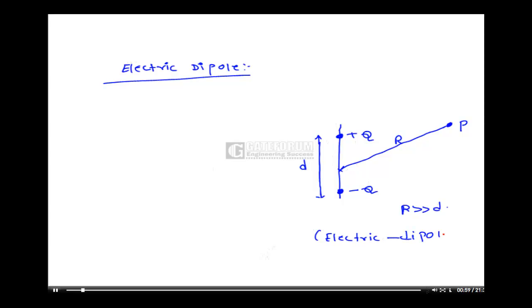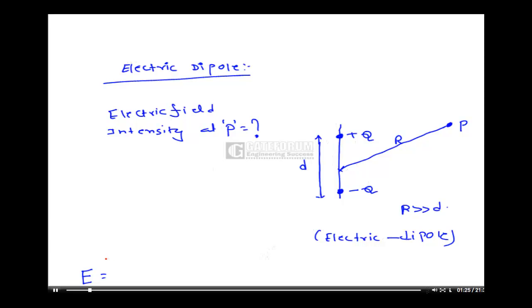So what is the electric field intensity at P? We want to calculate it because of this electric dipole. Here I am giving the expression directly. I am not going for the derivation of this.